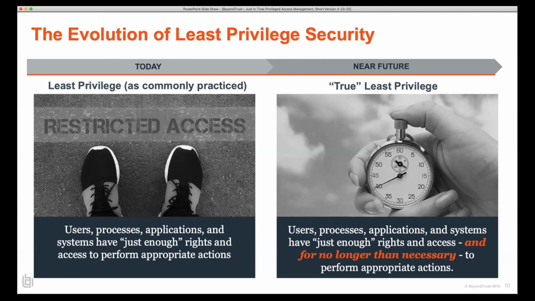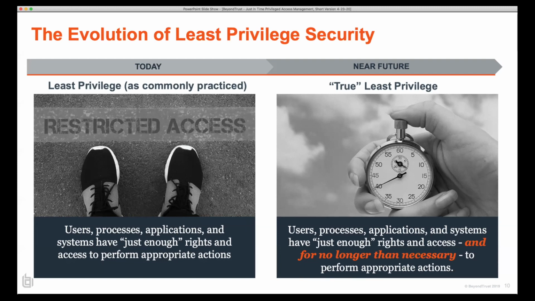And it really is the evolution of least privilege security. We know least privilege is the best way to do it, removing admin rights whenever possible. We already saw the statistic that 90% of vulnerabilities can be leveraged against administrative accounts. The problem is we still need to get to some of those systems.